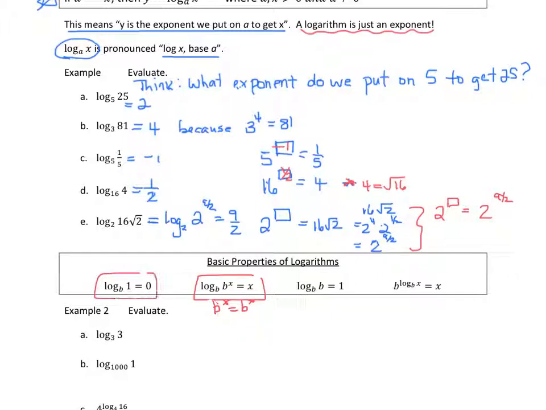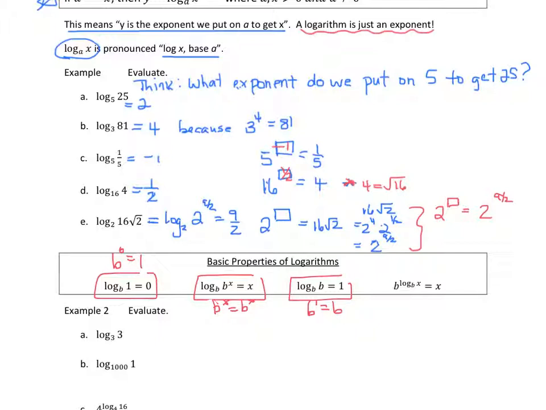So in exponential form, b to the exponent 0 equals 1. Of course, that will be true for all b values because anything to the exponent 0 equals 1. Similarly here, log b base b equals 1 for all values of b. That makes sense because b to the exponent 1 equals b.